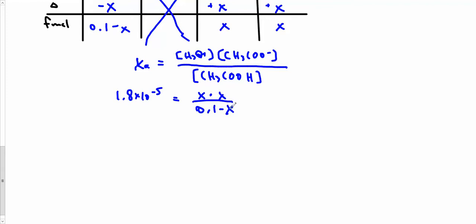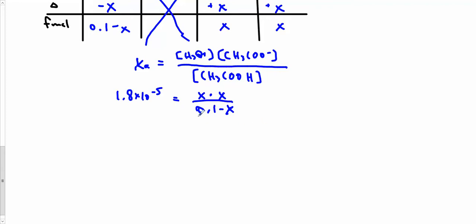Now, you can charge ahead and multiply this out. I'll have an x squared, an x term, and a number, it's a quadratic, I can use the quadratic equation, everything's fine.